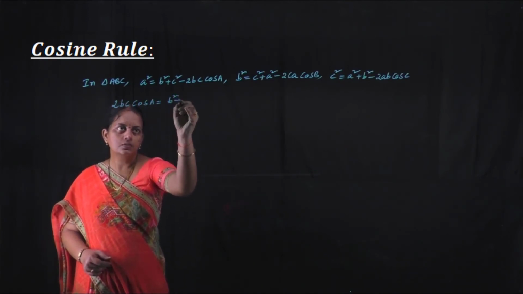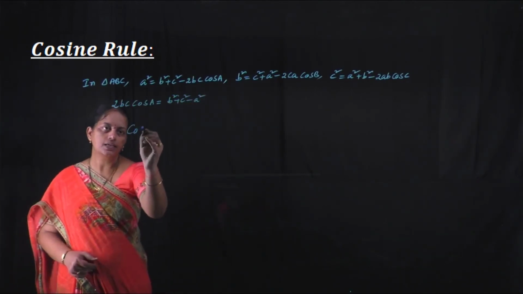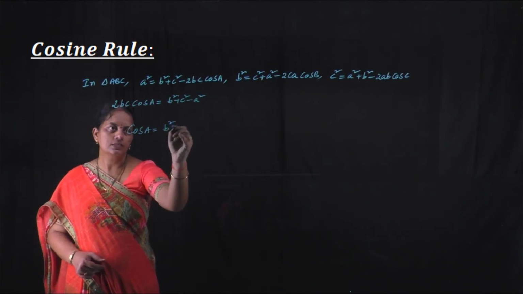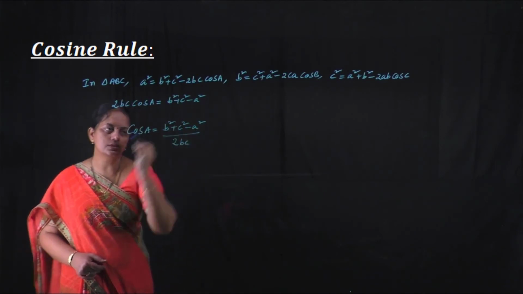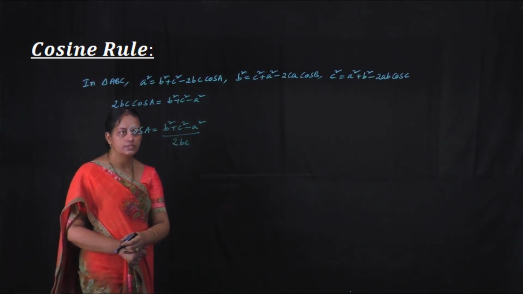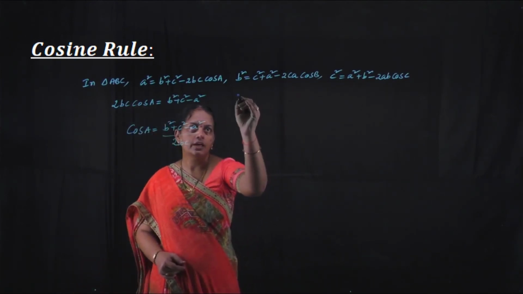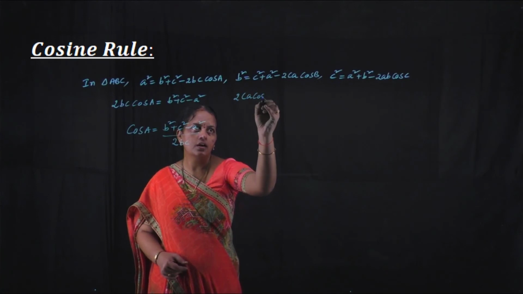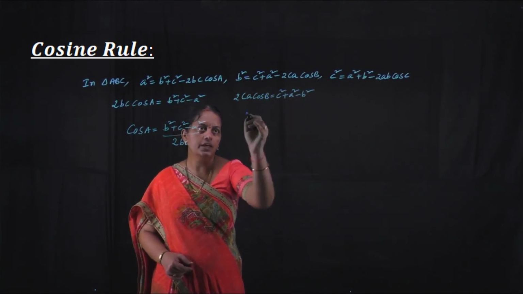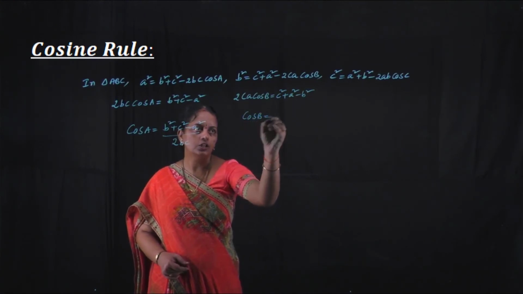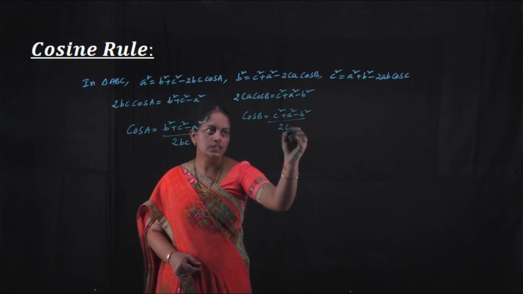From that, we can write 2bc cos A is equal to b square plus c square minus a square, and cos A is equal to b square plus c square minus a square by 2bc. And from here we can write 2ca cos B equal to c square plus a square minus b square, and cos B equal to c square plus a square minus b square by 2ca.